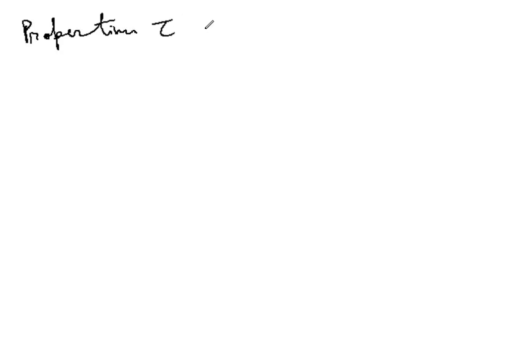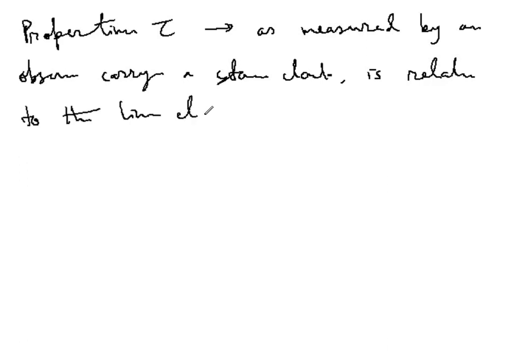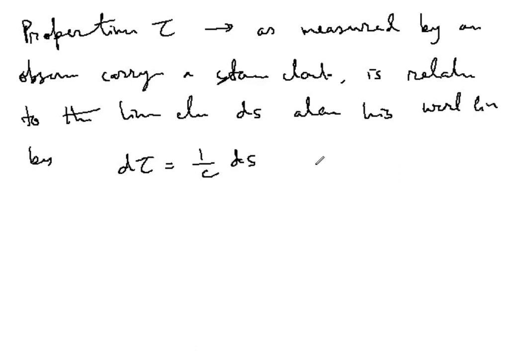Proper time tau. Now this is as measured by an observer carrying a standard clock and is related to the line element ds along his world line by d tau equal to 1/c ds.